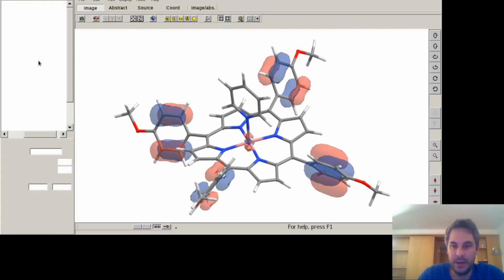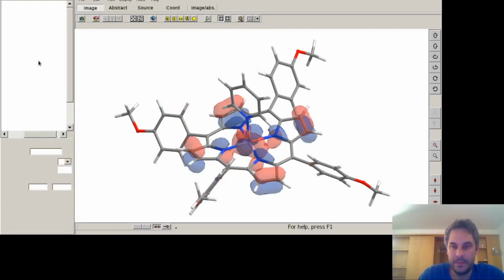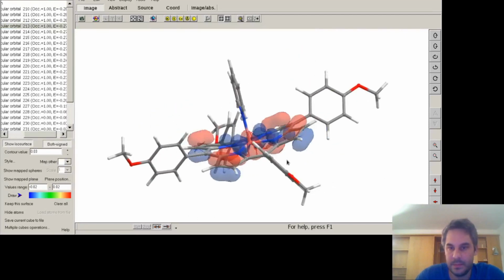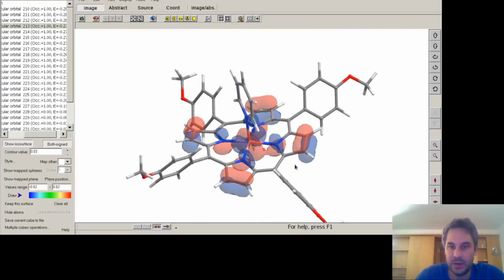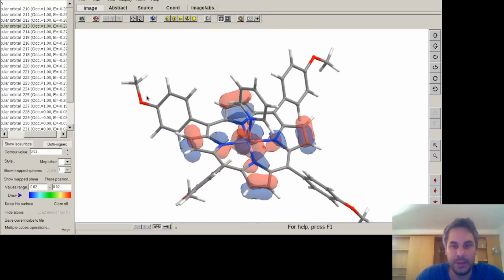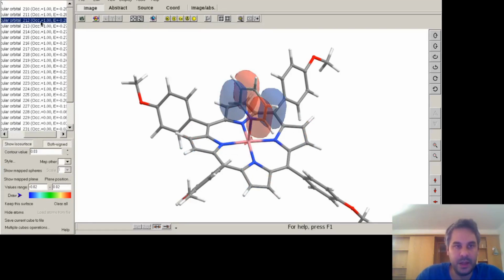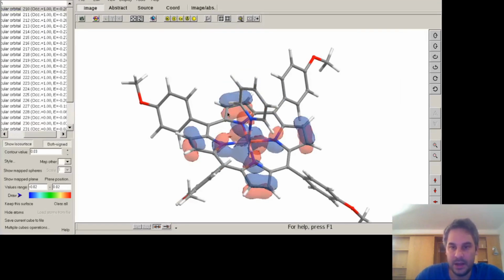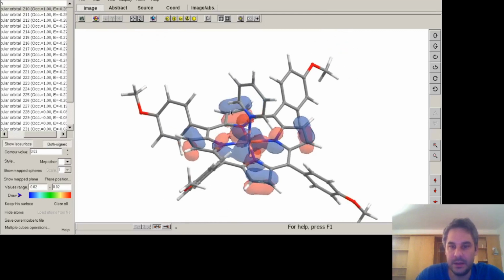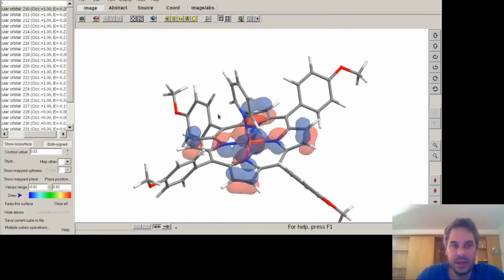If I keep going, this one also could be the xy orbital, 212. And if I keep going, I see that also 209 could contain some xy orbital.